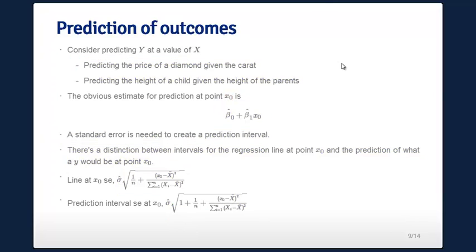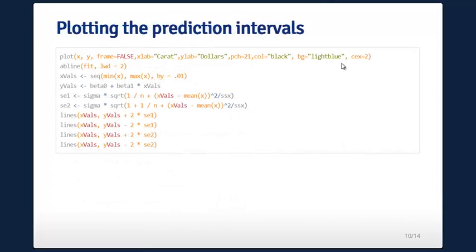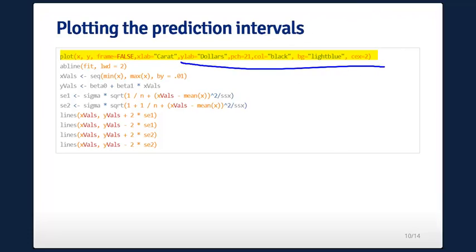So let's see what it does. We'll go through our code, and then we'll see what it does, and I think you'll understand it better. So here I'm generating a plot of my x and y's, and I have all my little settings I like there. I'm going to add a fitted regression line.